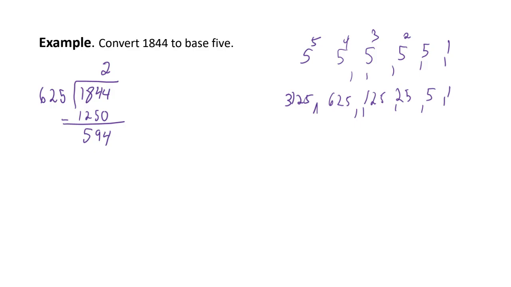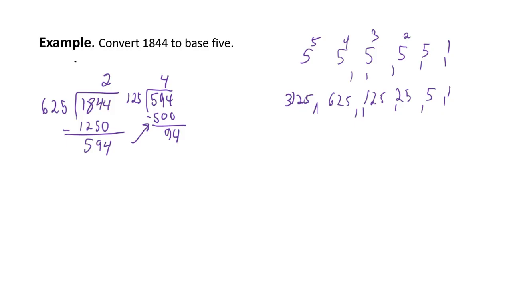We'll just write down the 2 and then multiply 625 times 2, which is 1250. Subtract, and that gives you your remainder. And then continue. Now I'm going to divide 594 by 125. It's 4 times and the remainder is 94.